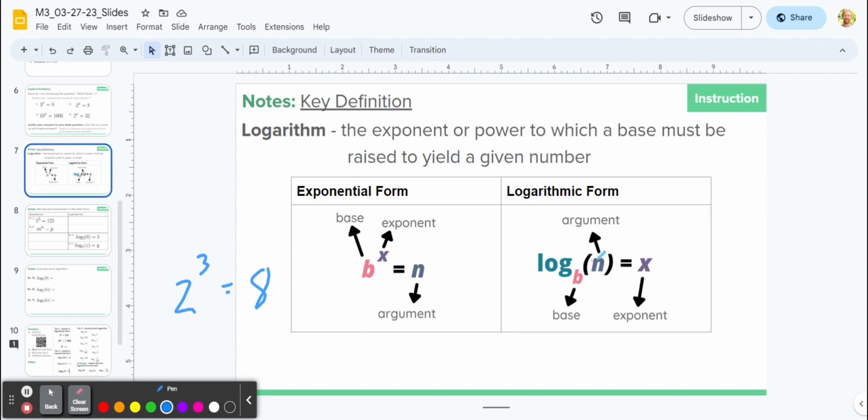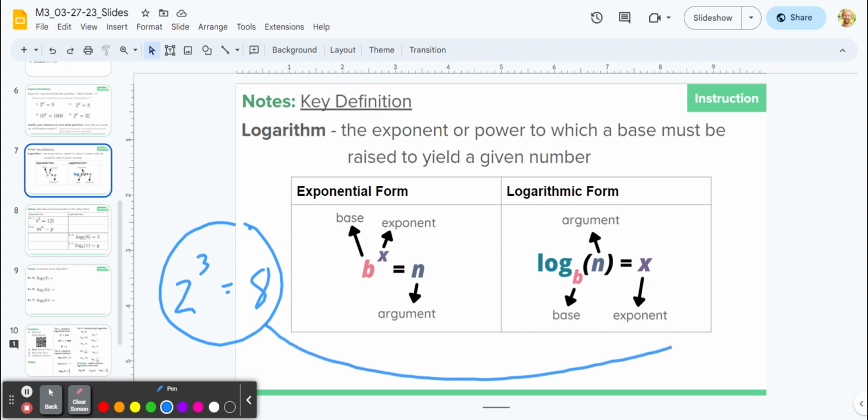And we would have log with the base as a smaller subscript b. The argument would go inside our parentheses for log, and then it would be equal to our exponent. So the answer to a logarithm is the exponent. So if I were to take this equation here and rewrite it in logarithmic form, it would look like log base 2 of 8 equals 3.